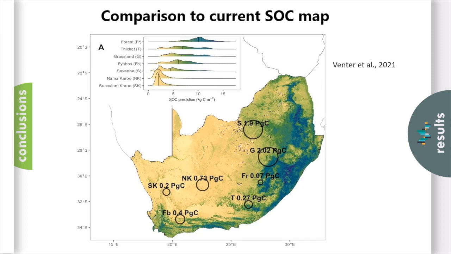And for example, in the grassland, you would see that our figure of 18,000 would fall somewhere here, which is just above their range. Whereas in the savanna, the figures that we obtained fall within the range that Venda et al. mapped out.